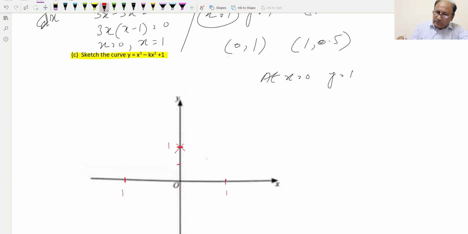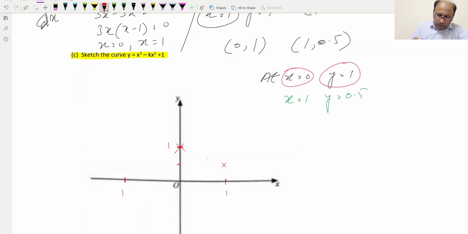So one point is this one, which represents x is equal to 0, y is equal to 1. And if x is equal to 1, y is equal to 0.5, so the second point will be around here.